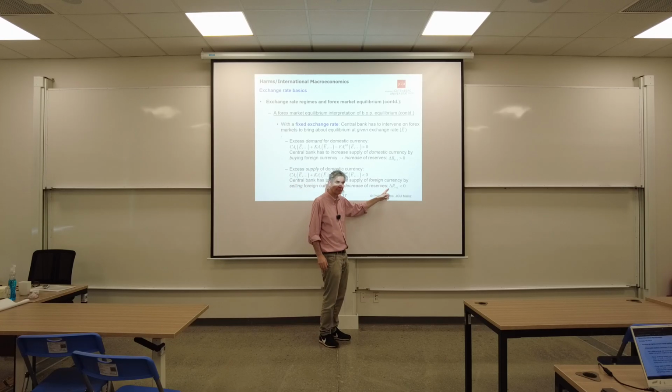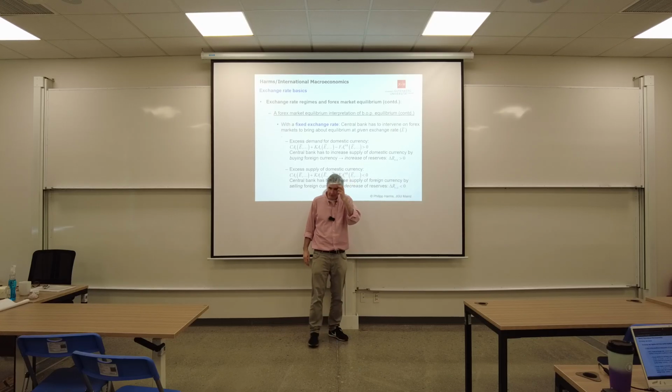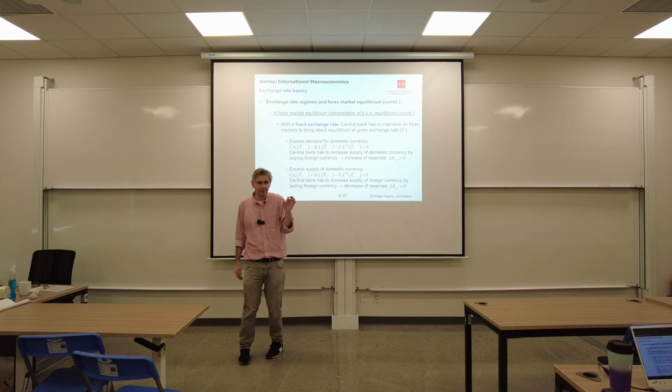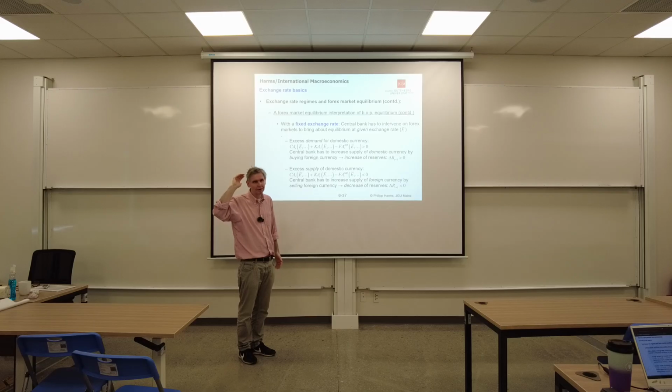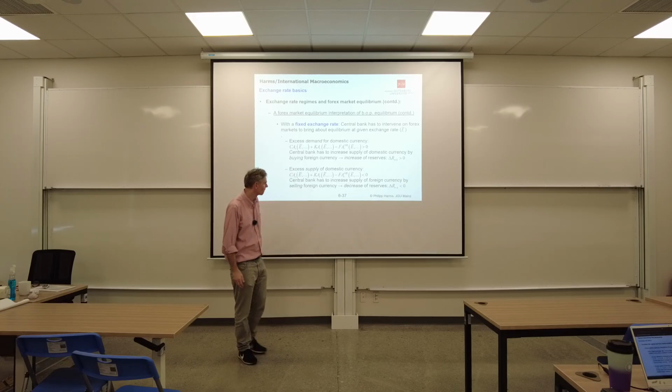And so, if the central bank has very little foreign exchange reserves, the stock of reserves may deplete very quickly. And that's exactly what happened during the Asian financial crisis. The Central Bank of Thailand tried to go against this imminent depreciation of the Thai baht, and they sold their reserves, and within a couple of days, these reserves were gone. And then, what did they have to do? Abandon the peg and let the Thai baht float.